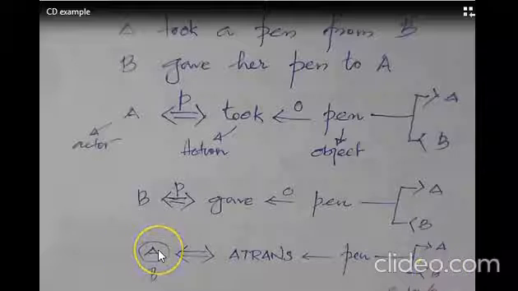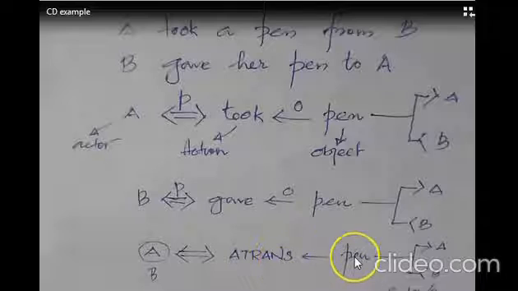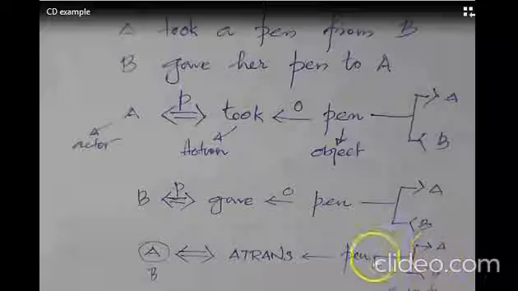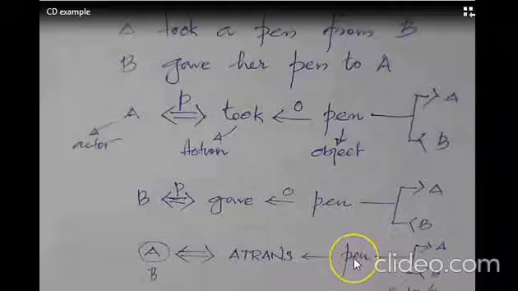This A can also be replaced by PP. And their action is being performed on pen. So this pen can be replaced with picture aiders. These PPs are being aided by this object. So they are represented as PA, picture aiders.